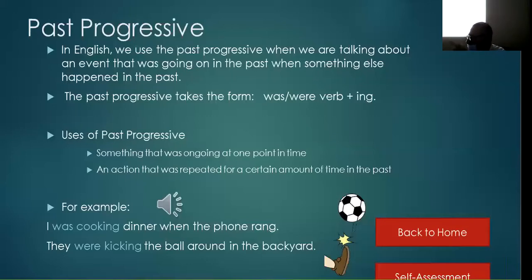I was reading, I was cooking, she was listening to music. So when I mean the duration, the period the action took, I use past progressive, or past continuous, as we say.